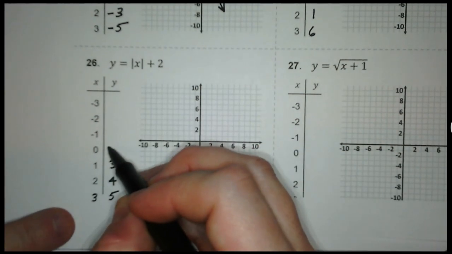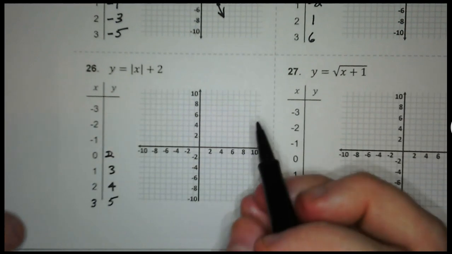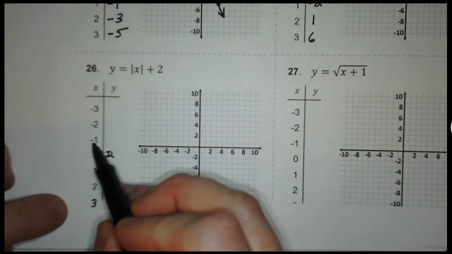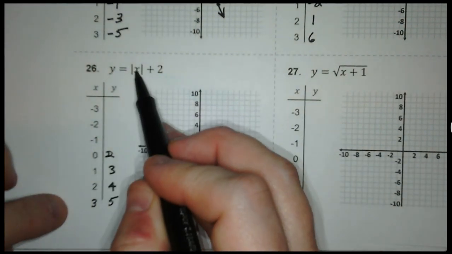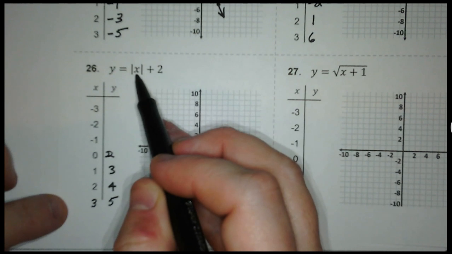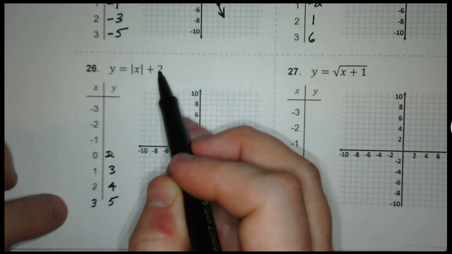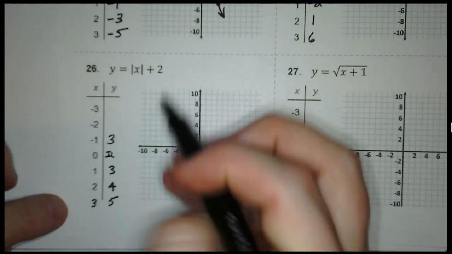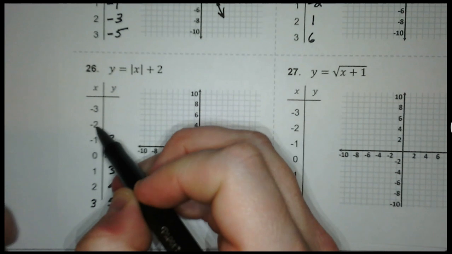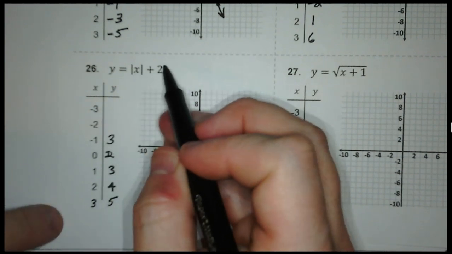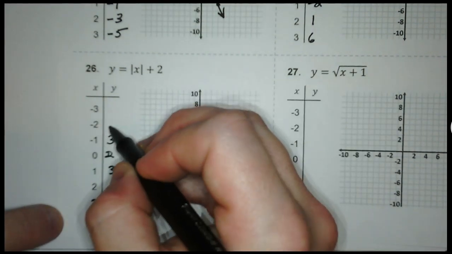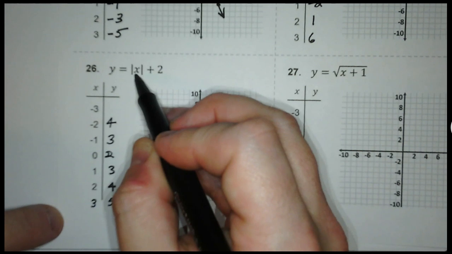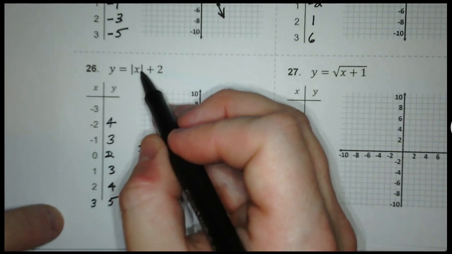Plus 2 is 2. Now, when you plug in negative 1, the absolute value of negative 1 is positive 1, and then plus 2 is 3. Absolute value of negative 2 is 2, and then you add 2, and you get 4. And then the absolute value of negative 3 is positive 3.